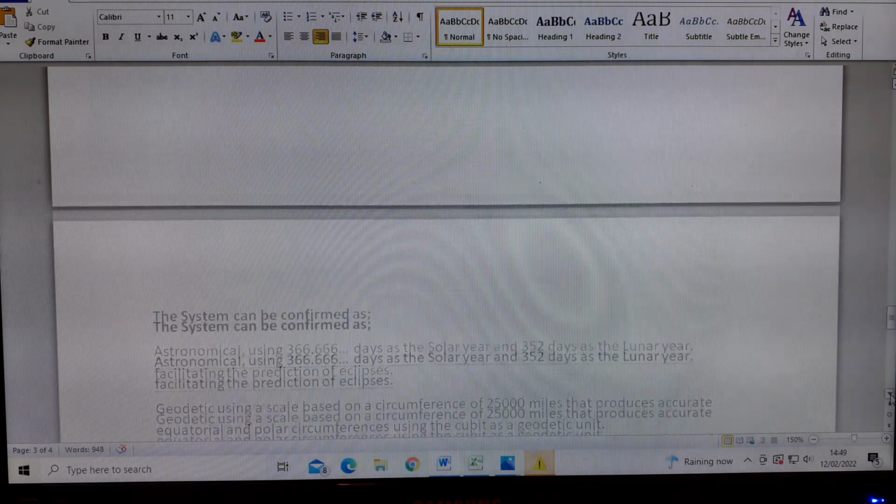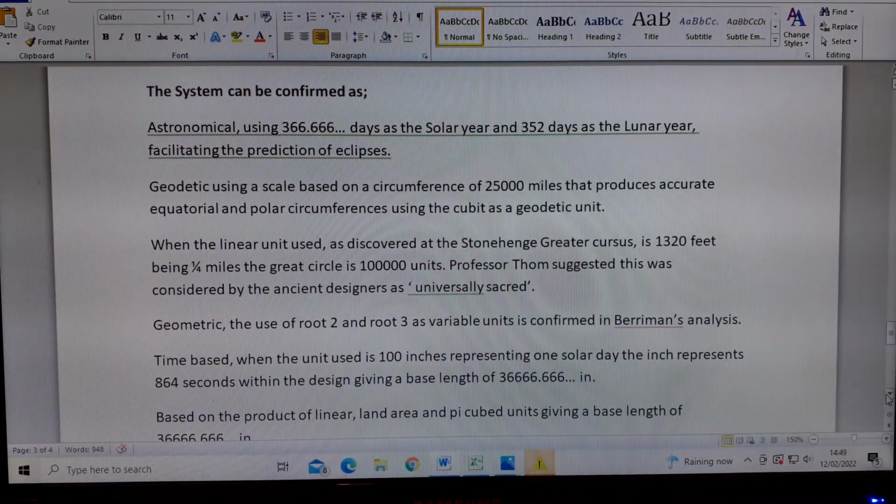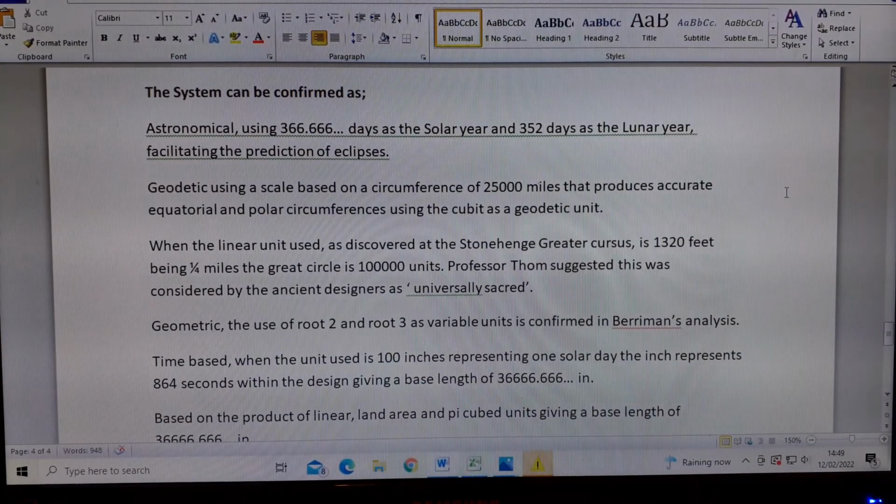So finally, the system can be confirmed as astronomical, using 366.666 days as the solar year and 352 days as the lunar year, facilitating the prediction of eclipses. It's geodetic, obviously, from what we've seen, using a scale based on a circumference of 25,000 miles that produces accurate equatorial and polar circumferences, using the cubit as a geodetic unit.